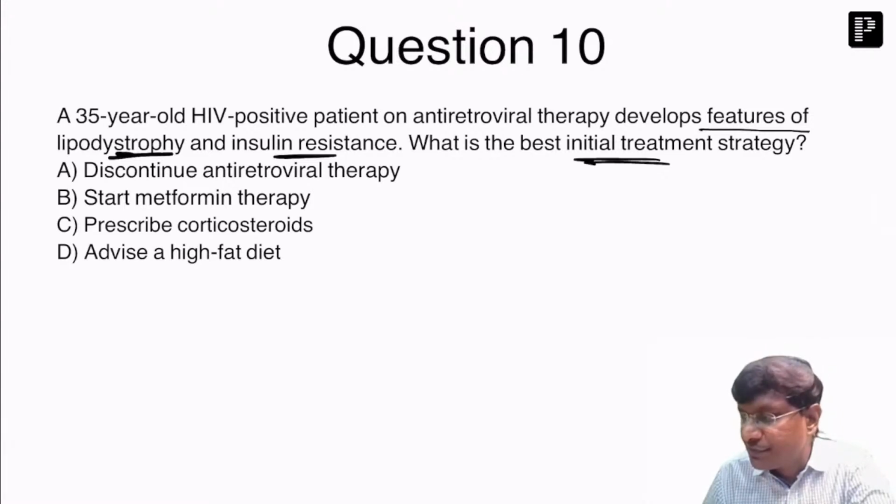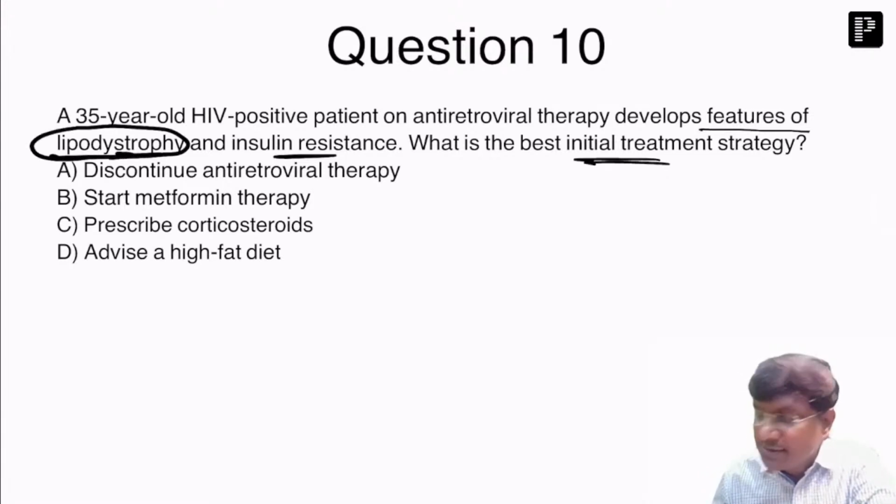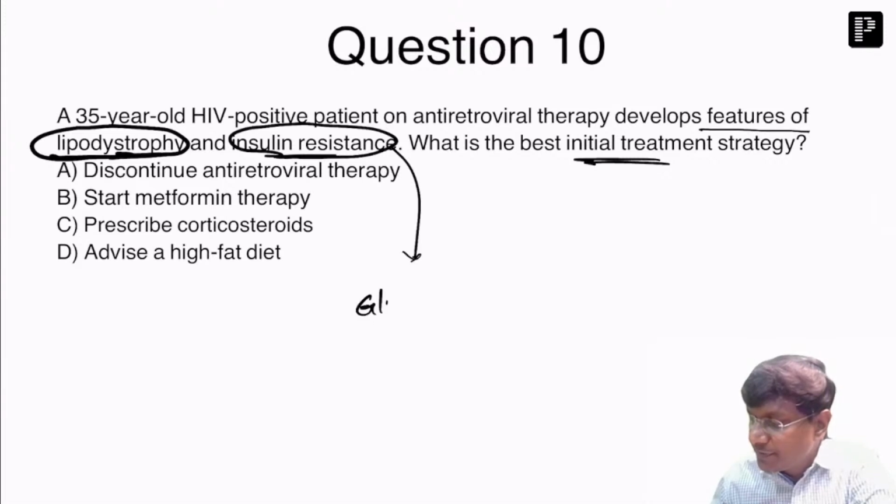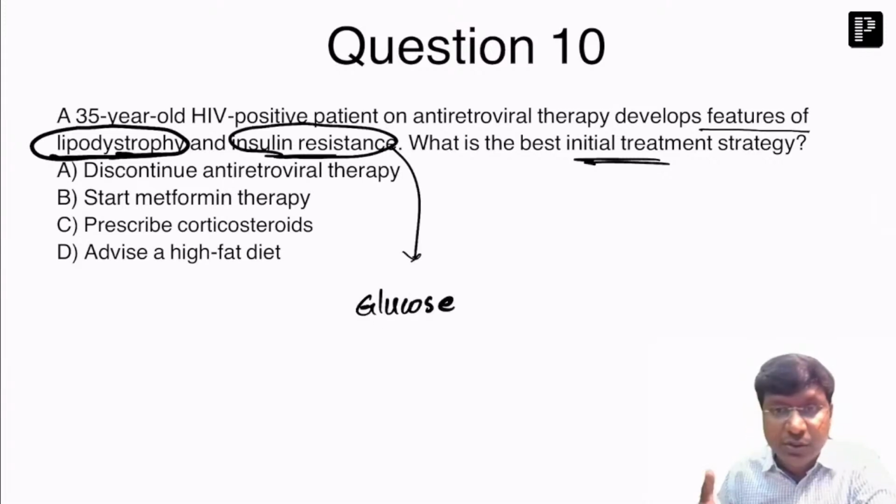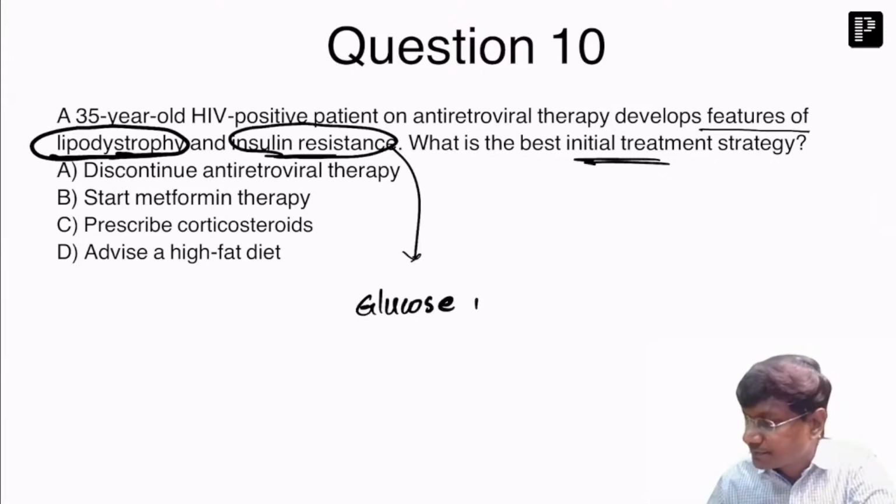Right. So as such, if you take the HIV-associated lipodystrophy, it is the one which will cause the insulin resistance, and insulin resistance is the one which will be responsible for the glucose intolerance, right?